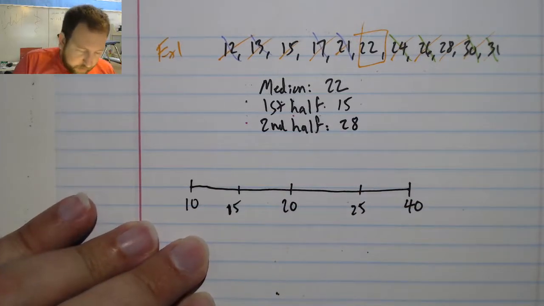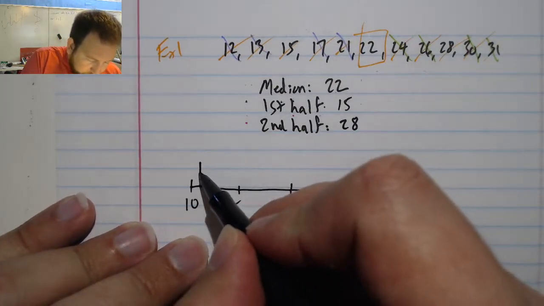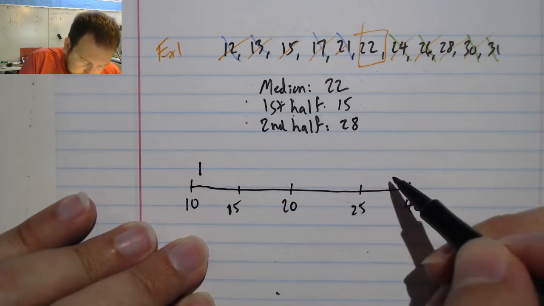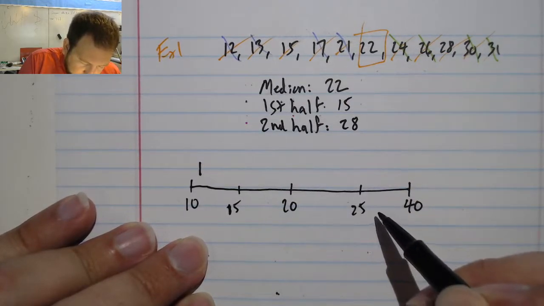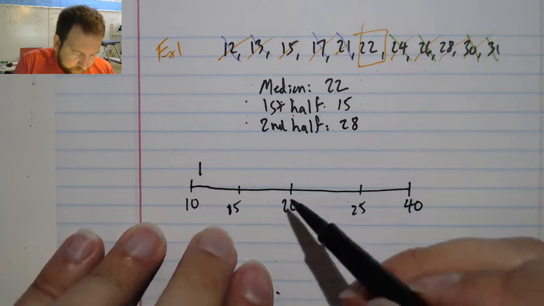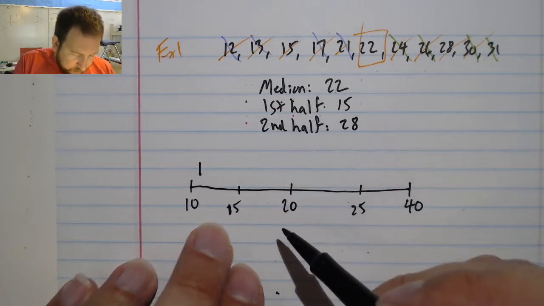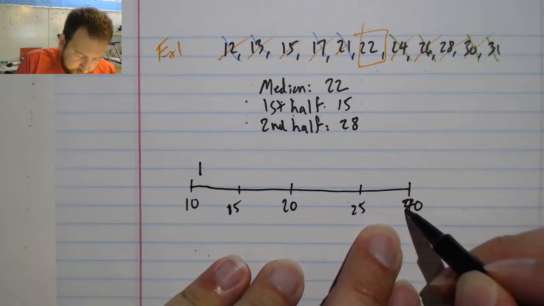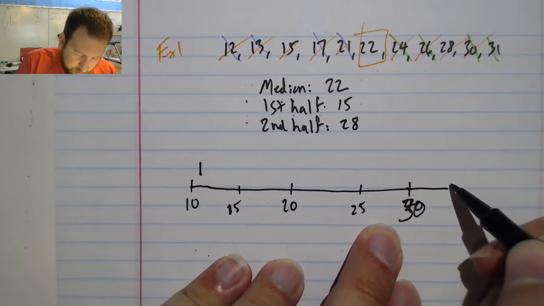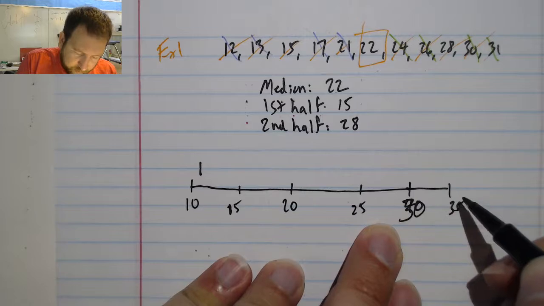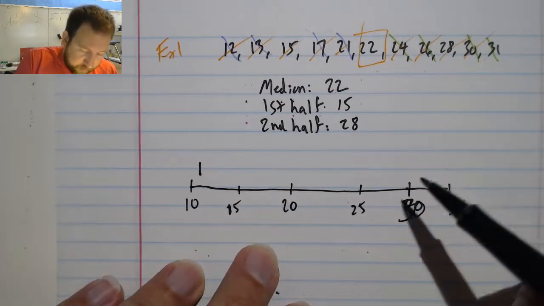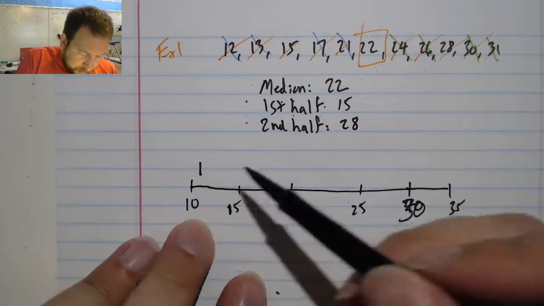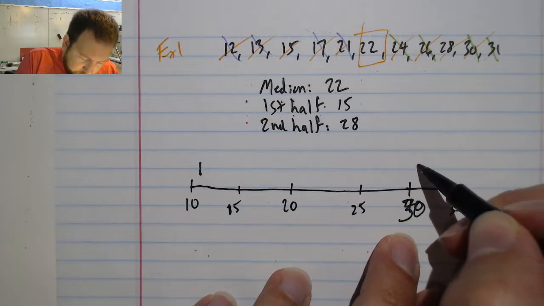Okay, my minimum here is going to be 12, about here. My maximum is going to be, oh man, I definitely screwed up my numbers over there. 10, 15, 20, 25. Let's just change this into a 30. And then we'll go 35. Wow. That was a terrible mistake there, Mr. Dan. Got my 12. Got my 31.